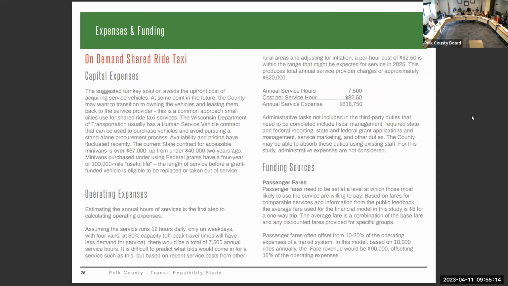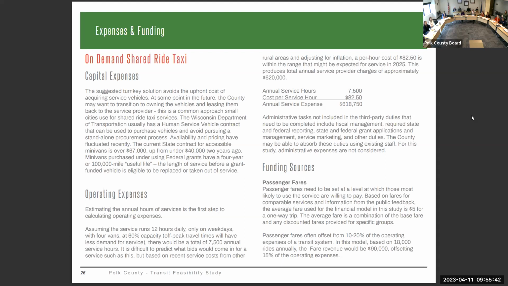For Chippewa Falls, I work with them, and 2 years ago, they were buying disabled accessible vans, Dodge Caravans for $38,000 under the state contract. The new state contract is for $67,500 based on supply chain and demand and just all of that.